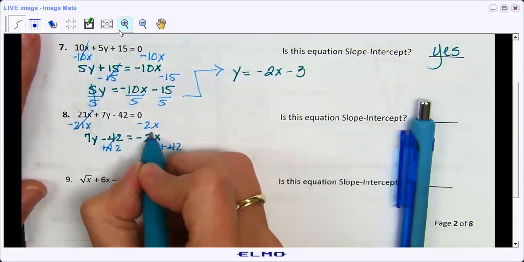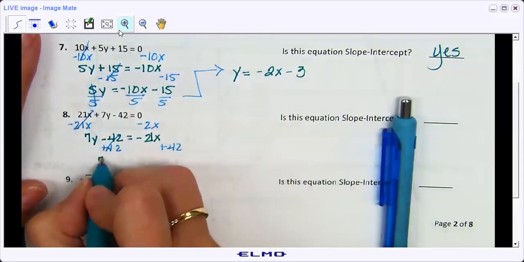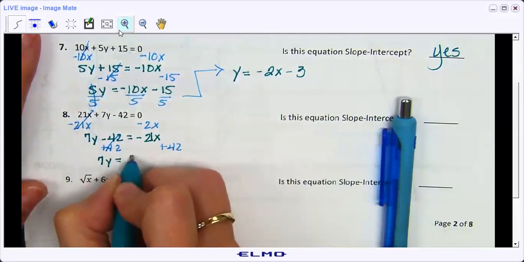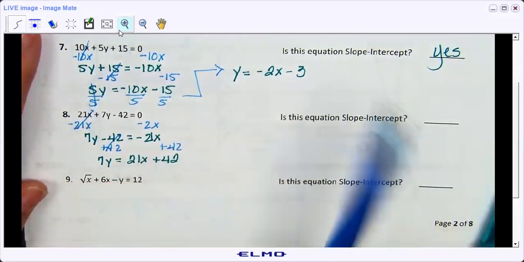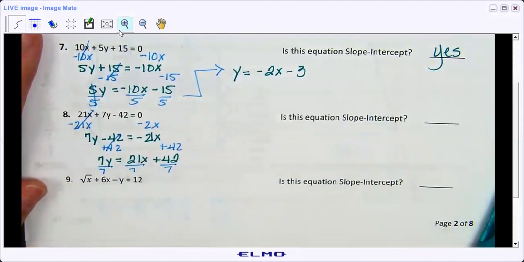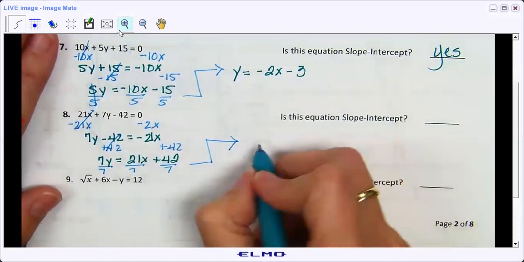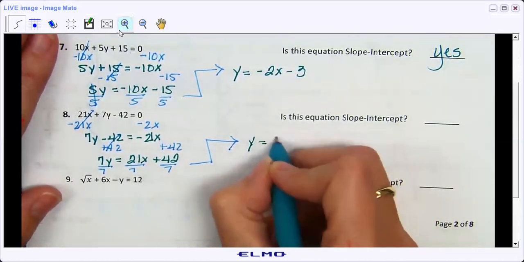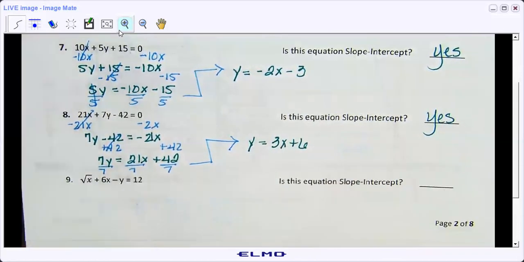And I end up with 7y equals 21x plus 42. Now I'm going to divide everything by 7, and I end up with y equals 3x plus 6. And this is in slope-intercept form.